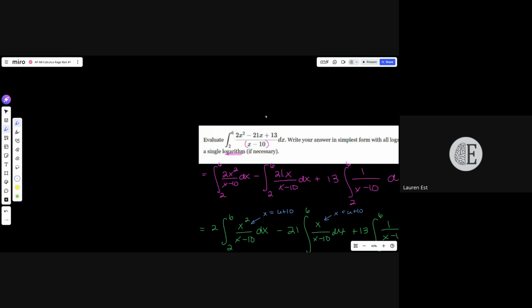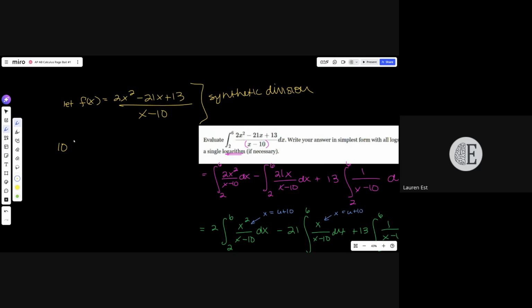So if I let f of x be equal to 2x squared minus 21x plus 13 all over x minus 10, I can do synthetic division. Also be helpful. If I spelled it right, but we can do synthetic division.